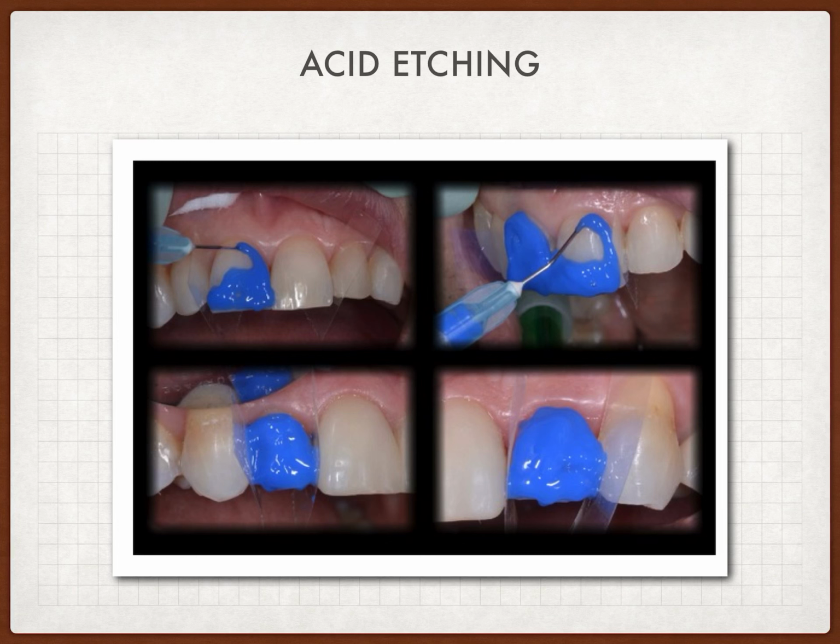Okay, so the acid etching will increase the surface energy, the cohesion of the bonding liquid will be decreased, and the wetting will be increased.